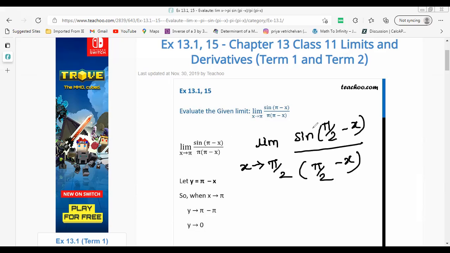Radha, can you solve this question? Can you evaluate this? You just try. If you're not getting it, I'll help you out.